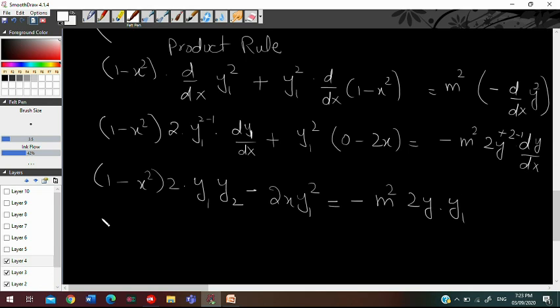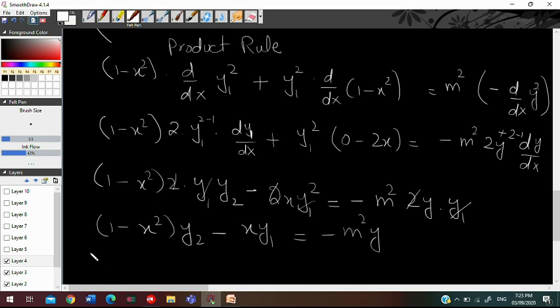Now you rearrange it. The 2 is cancelled from all the terms, and y1 is also common in all the terms, so (1 − x²) y2 − x y1 equals −m² y.